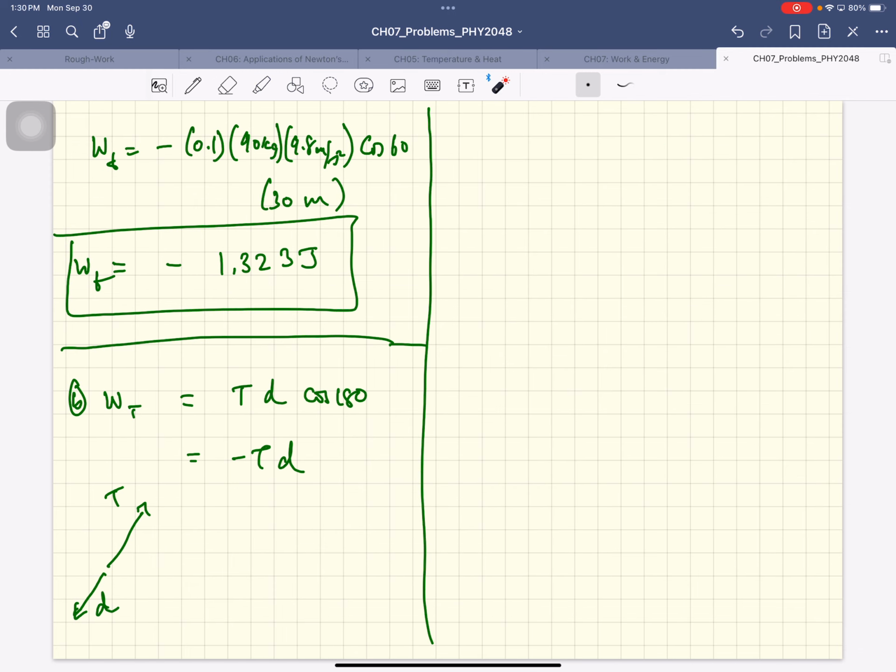So mg sine theta minus tension minus friction force equal to 0.